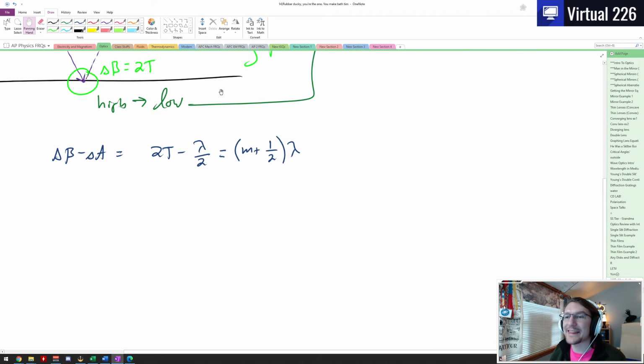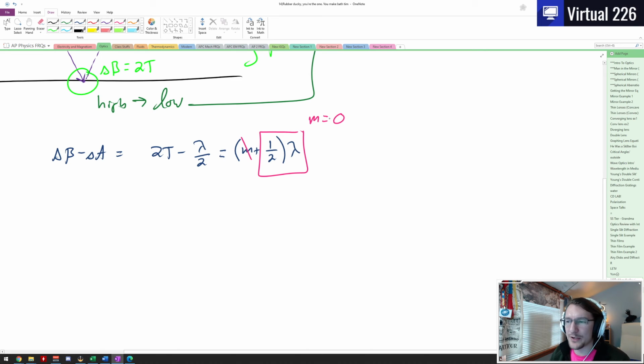We just need to make the thinnest soap bubble possible. Normally when we do this, we ask ourselves the question, what's the smallest value of m that could exist here and not completely wipe out our problem? Because sometimes if we set the value of m equal to 0, then the thickness has to be 0. So what happens in this case if we set m equal to 0? Well, if m equals 0, we still have some wavelength left over, and we're going to be fine.